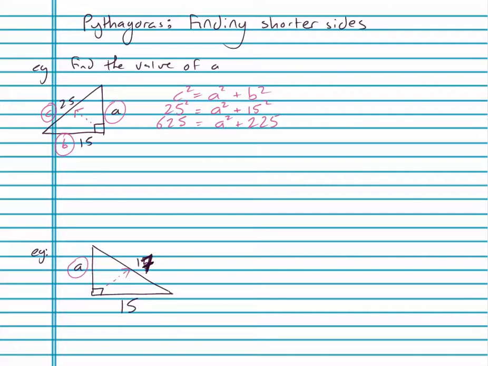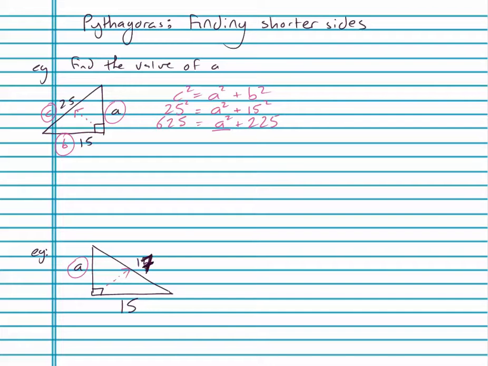Now you'll notice in my steps before I said evaluate or solve or simplify. We don't know what a squared is yet because it's in the middle of an equation. So one way of dealing with finding a shorter side is just to use Pythagoras' theorem and end up with an equation that we have to solve.